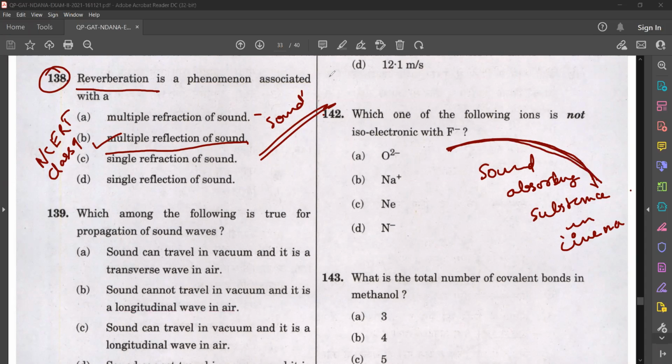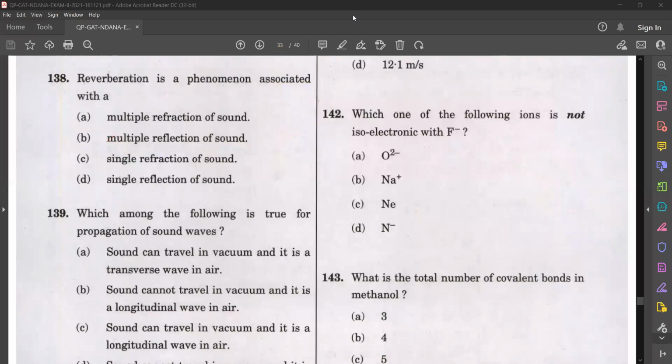If multiple reflection happens, the sound will not be heard clearly. They can also make the surface rough so that reflection will not happen. Okay. So next question.